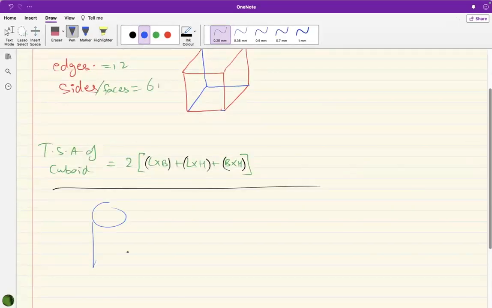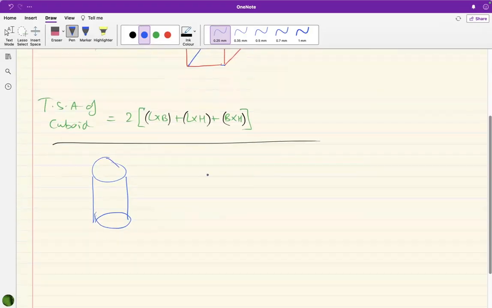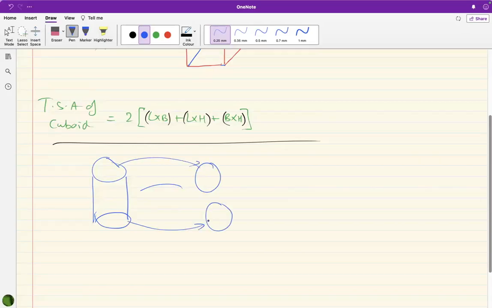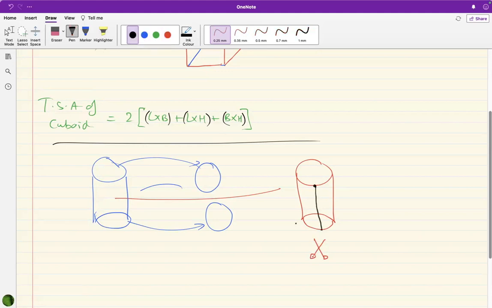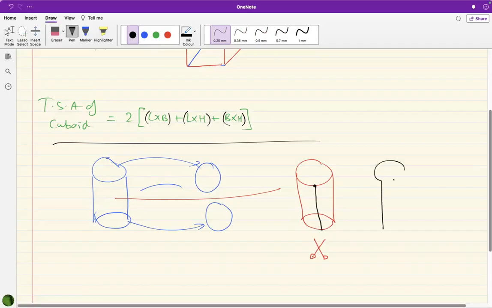So if we have this cylinder, top and bottom are clearly two circles, so I can draw this top and this bottom, and then this part right here, consider that there is no top and no bottom. Now I'm using a pair of scissors and I cut it right through this length. And when we do so, let's say it opens up like this.